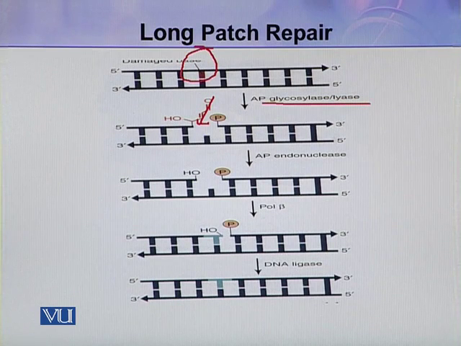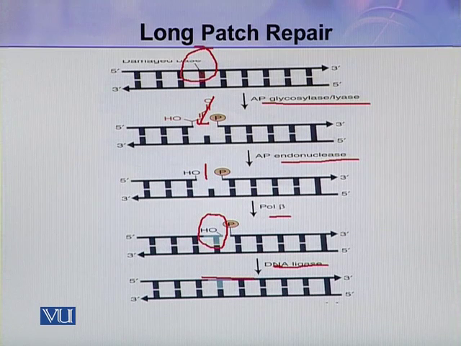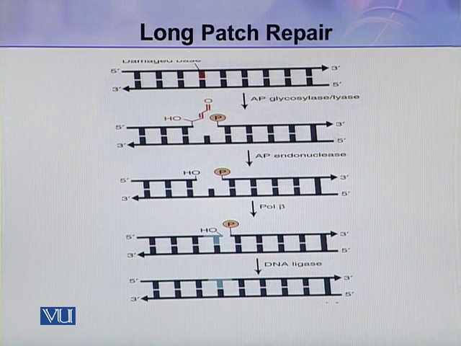Then AP endonuclease cuts this, and then pol B adds a deoxyribonucleotide to the 3' hydroxyl end, and finally DNA ligase seals the nick. So in this way the damaged base is repaired.